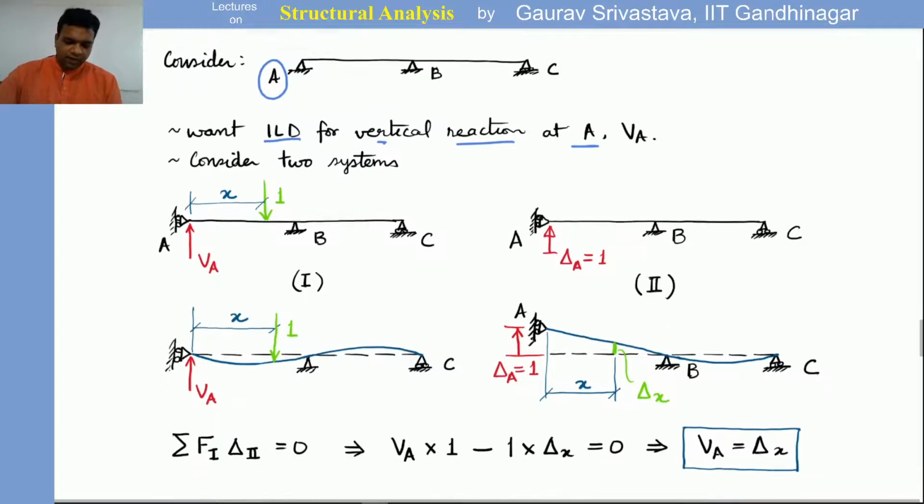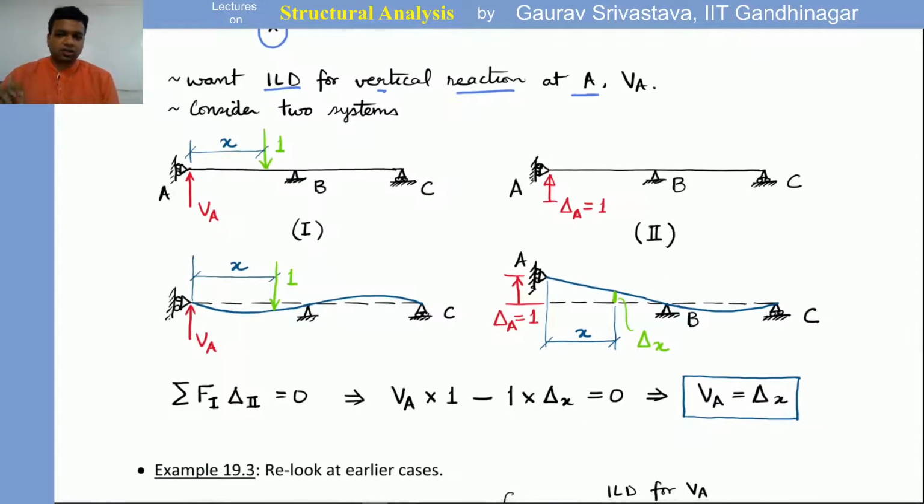Okay, and let's consider two systems, system 1 and system 2. In both the systems, we have removed the vertical fixity of the support A, right, because that is where we want to measure. So in system 1, we have removed the vertical support at A, so that reveals the vertical reaction force VA.